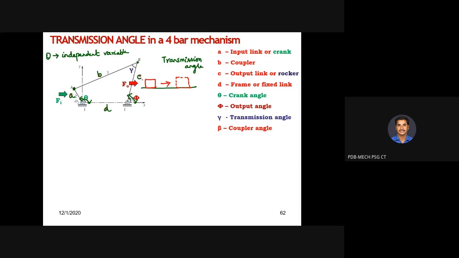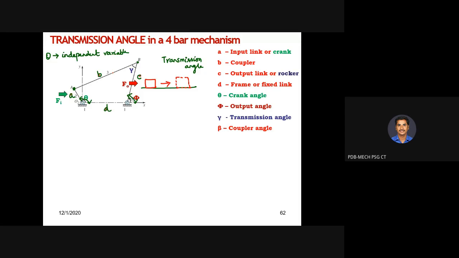So in this case, what is the role of the transmission angle here? Transfer the motion from one link to another. Yes, it decides the displacement. It decides how much force is going to act on your output link. As I told, the transmission angle is nothing but the angle made between your coupler and rocker.